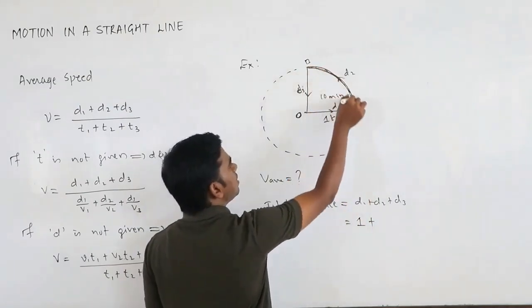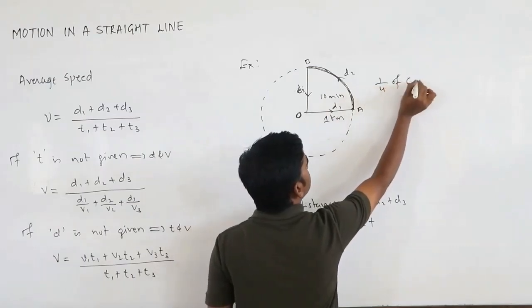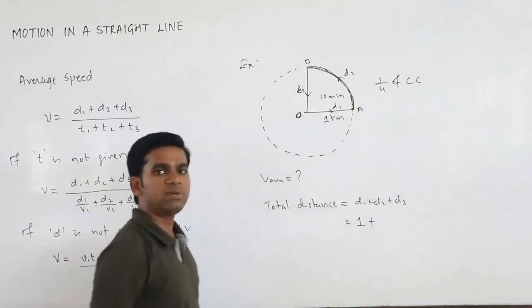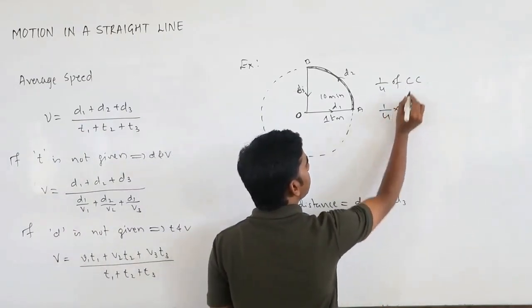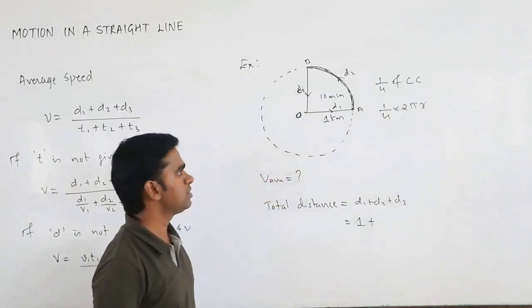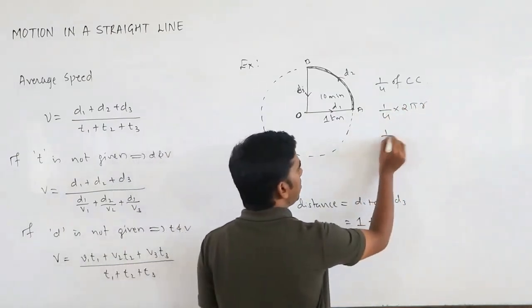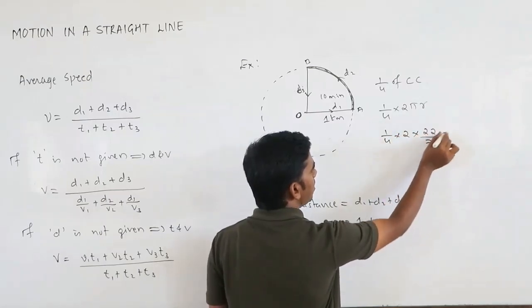What is this? This is nothing but 1/4 of the circumference of the circle. That means 1/4 times the circumference, which is 2 pi r. So 1/4 into 2 pi, that is 2 times 22/7 times the radius.